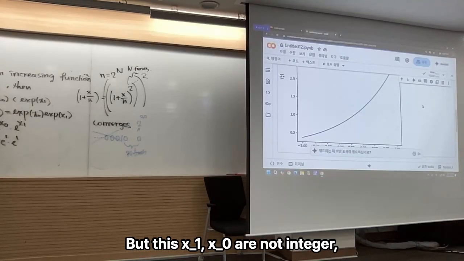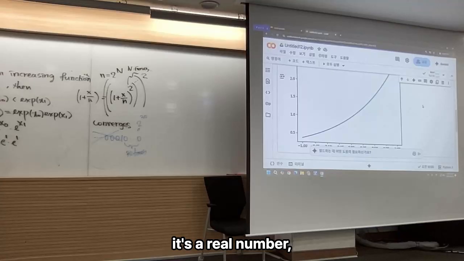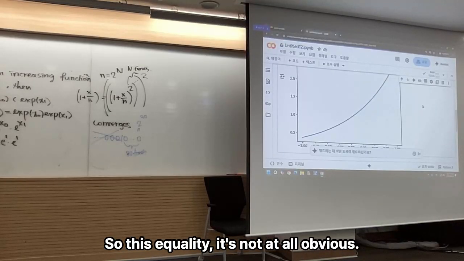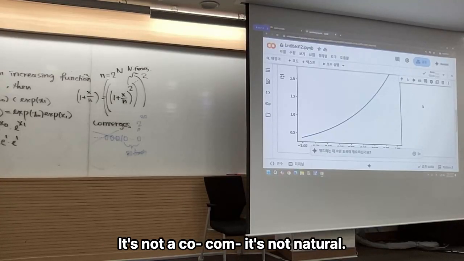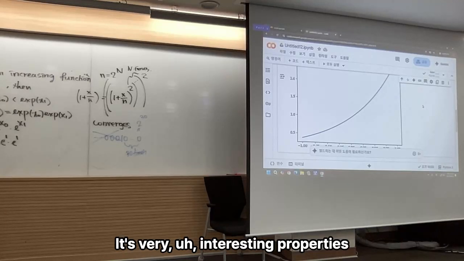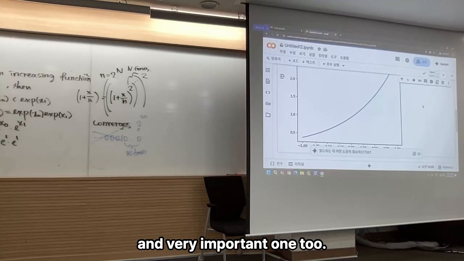But these x0, x1 are not integers. They are real numbers. So you cannot apply this logic here, right? So this equality is not at all obvious. It's not natural. It's very particular, a very interesting property and a very important one too.